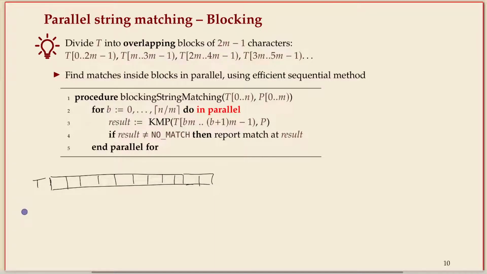And let's say m is 3. So the pattern could occur here, or here, or here, at any of the positions, right? Wherever you have a 3-character long stretch, that could be one occurrence of the pattern.